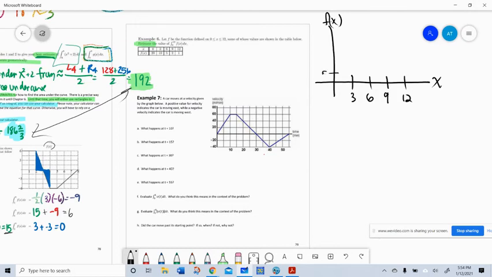So I'm going to do 5, 10, 15, 20. And I'm just going to take a sec and graph all those points. So I've got 0, 20, 3, 10, 6, 5, 9, 2, and 12, 1. Okay.